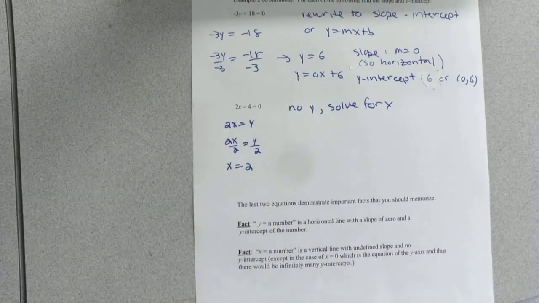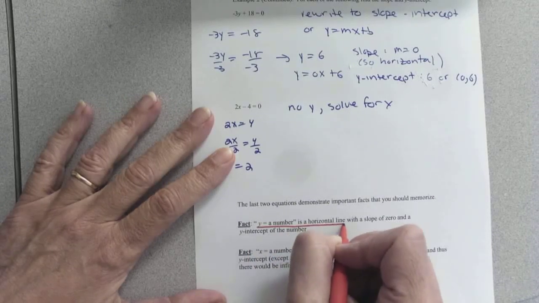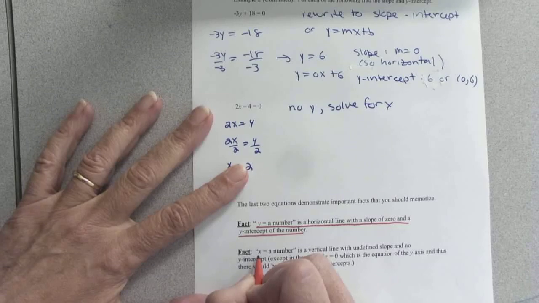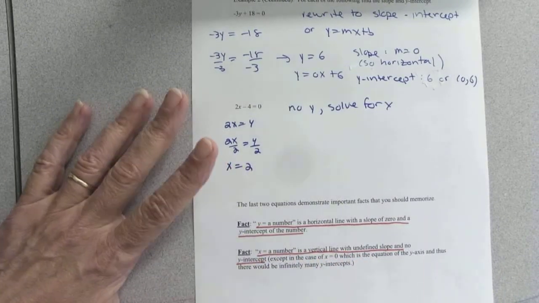And that's what we have down there. That x equals a number is a vertical line with an undefined slope and no y-intercept. So your life will be a little bit easier if you just memorize these two little facts. Y equals a number is a horizontal line with a slope of 0 and a y-intercept of that number. X equals a number is a vertical line with undefined slope and no y-intercept.